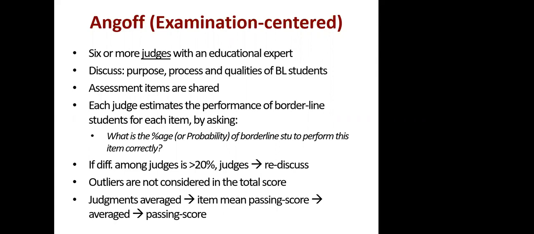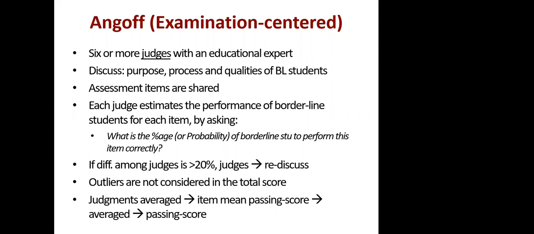And then there are different variations in the literature. So when they rediscuss, they have the opportunity to change their judgment. Sometimes the judge who is an outlier gets to convince all other judges that I am correct, and all other judges reduce or increase their judgments.